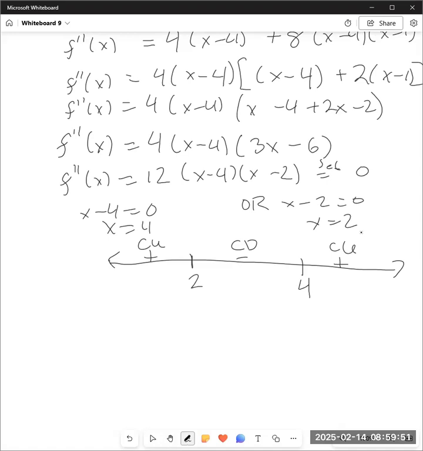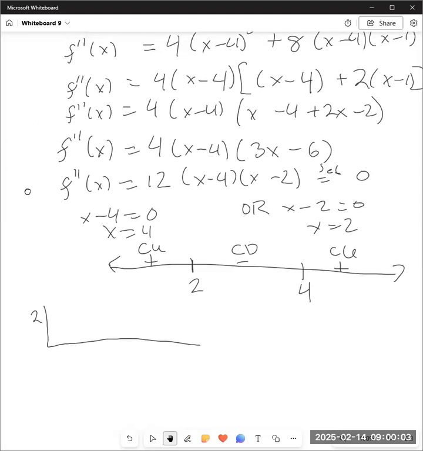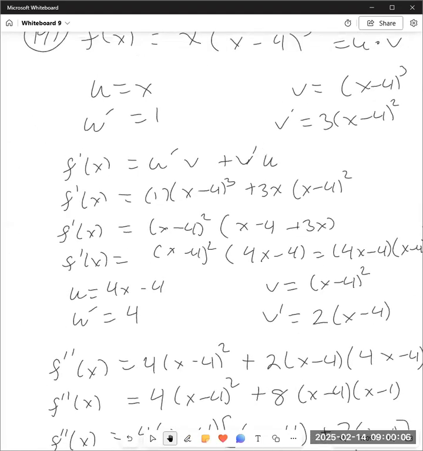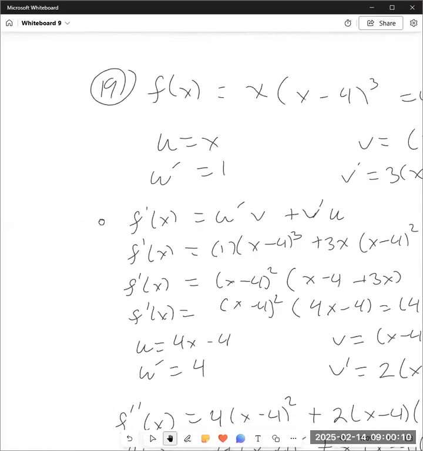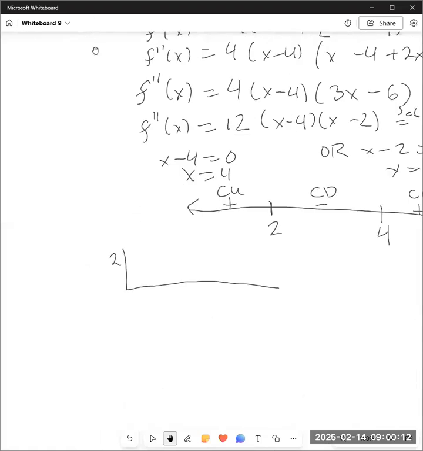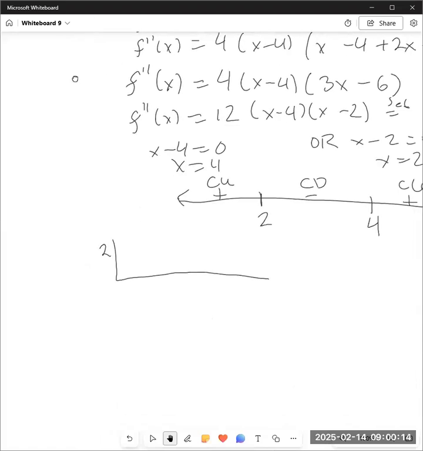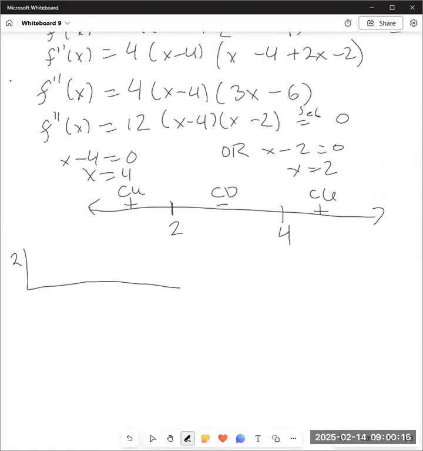Let's go ahead and look at what these points of inflection will be. So 2, and then my original function. I'm going to just have to plug it in. I can't do synthetic division because it's not written in the form to do that.